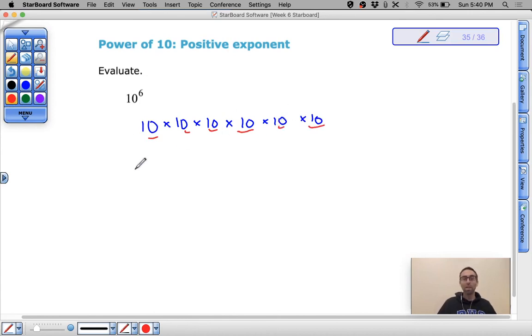I can just write this out as my 1 with 6 zeros following it. 1, 2, 3, 4, 5, and 6. And if you wanted to put the commas in, 1, 2, 3, 1, 2, 3, it's actually a million. Not too shabby.